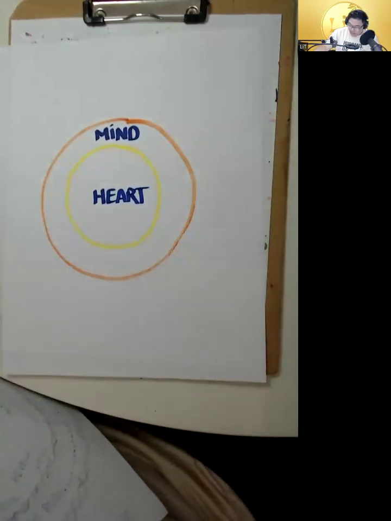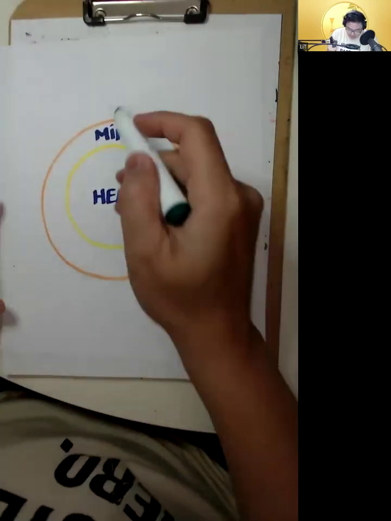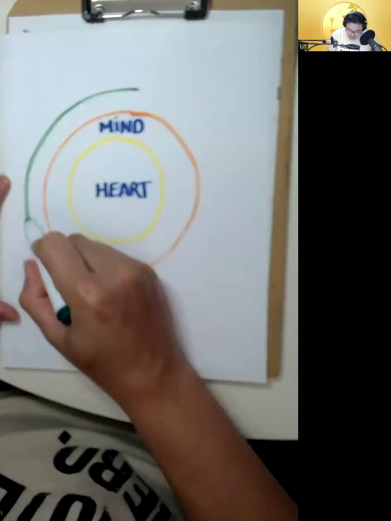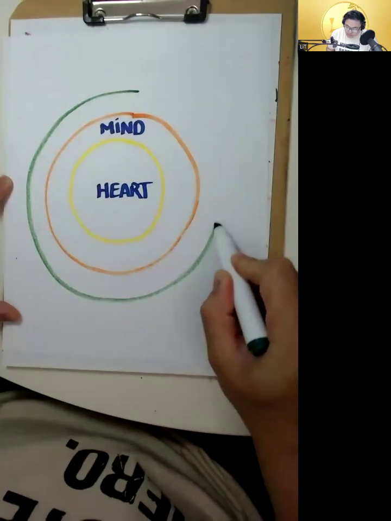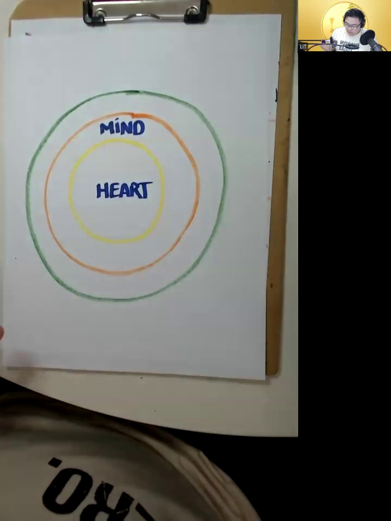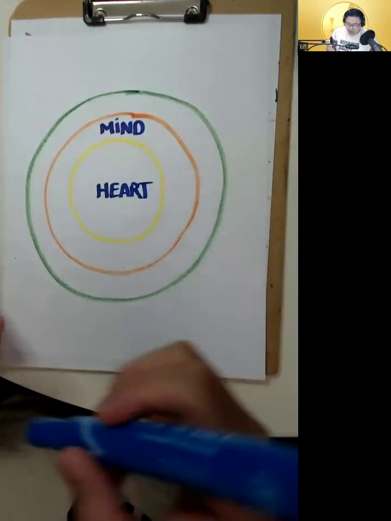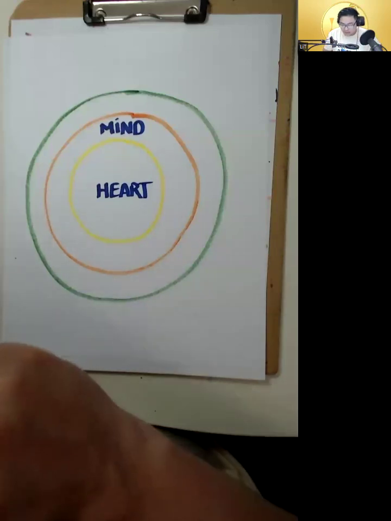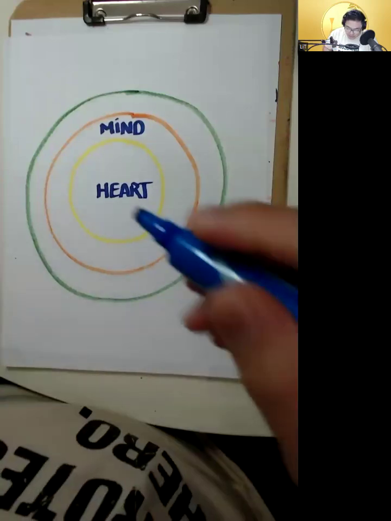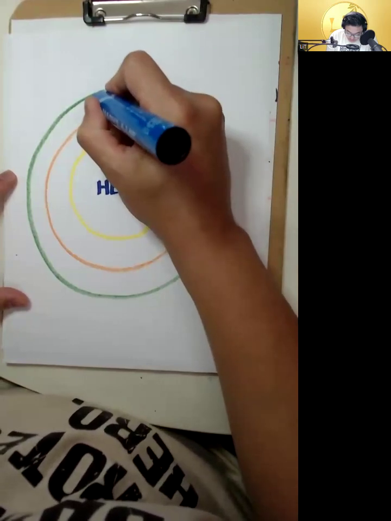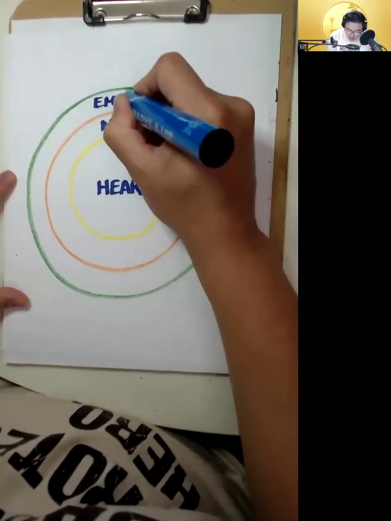And for the outer layer, let's use the term from the scientific perspective. Let's just call this the emotion layer. Emotion.